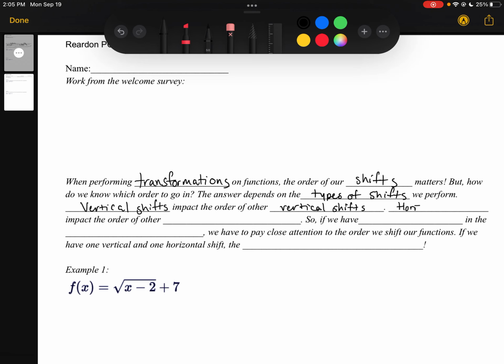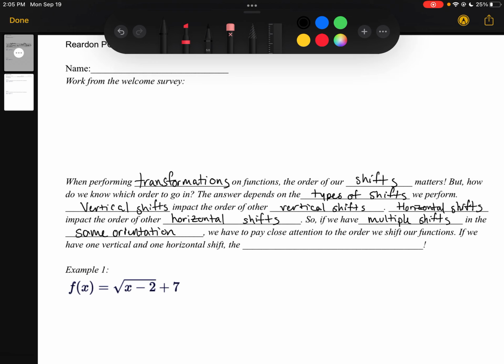The same thing goes with horizontal. So horizontal shifts also impact the order of other horizontal shifts. So if we have multiple shifts in this same orientation, we have to pay close attention to the order we shift our functions.